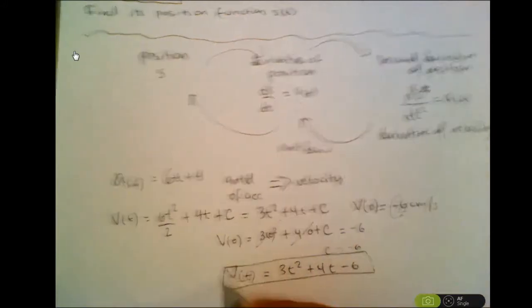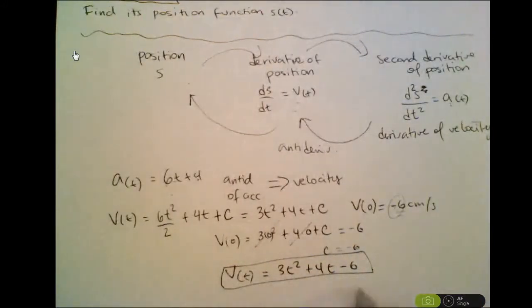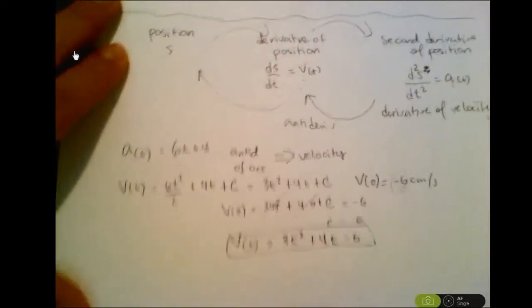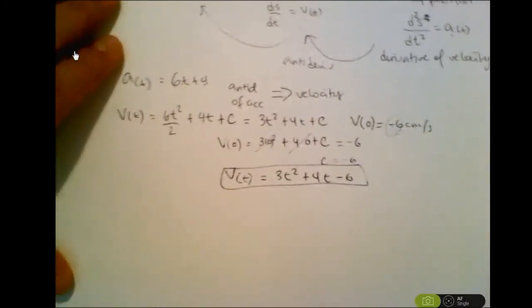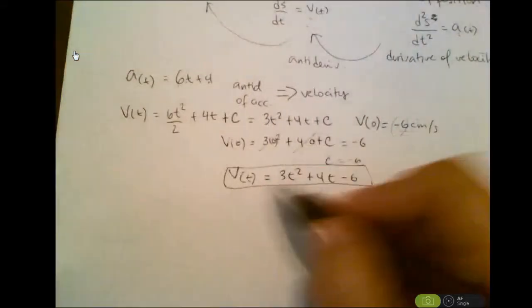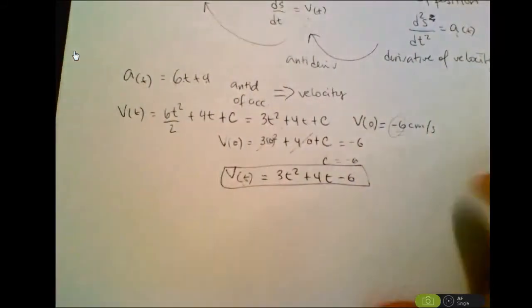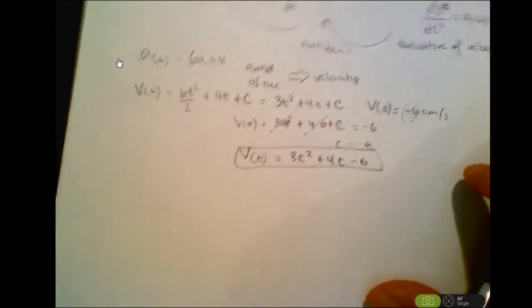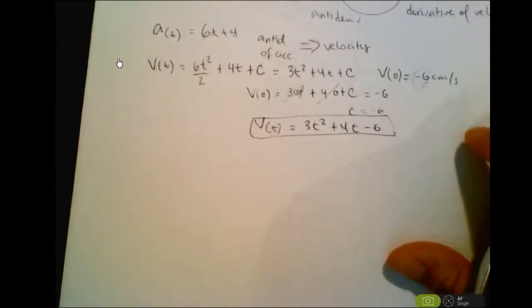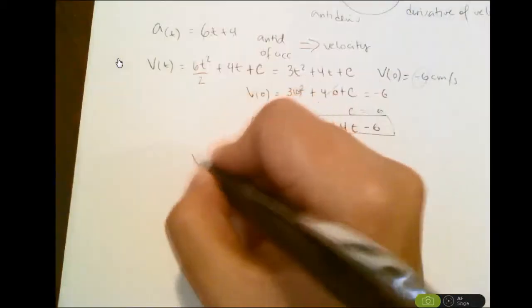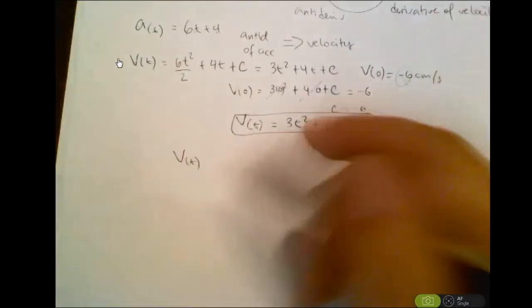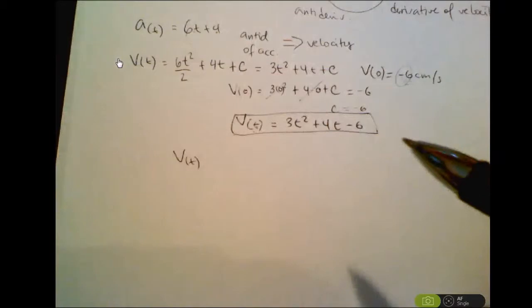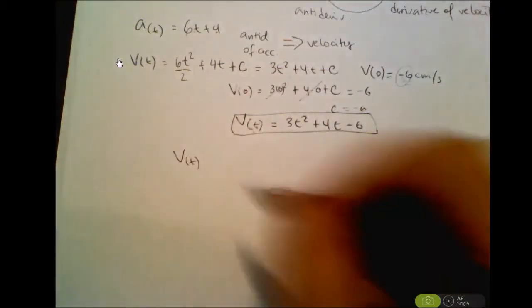And I know the velocity for any time, and I know every single constant in that formula. I know all the coefficients, so for any given t, I can find the velocity right away. So now to find the position, if I know the velocity, I know velocity is the derivative of position.